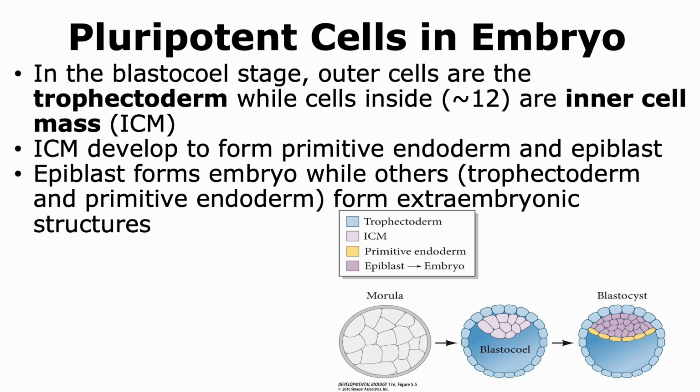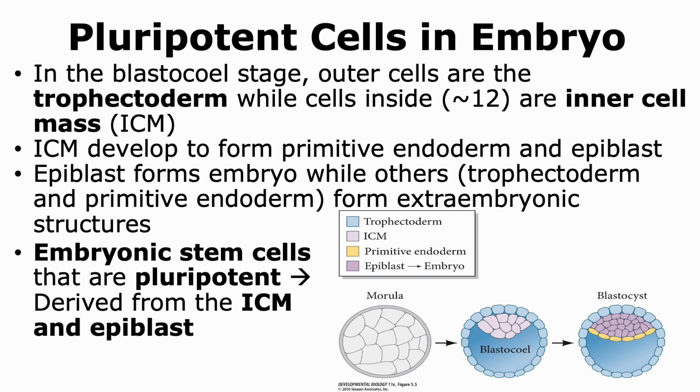The cells in the epiblast will form the embryo, while the other cells, namely the trophectoderm and the primitive endoderm, proceed to form the extraembryonic structures. These extraembryonic structures can be in the form of the placenta, or the yolk sac that's present in the embryo.